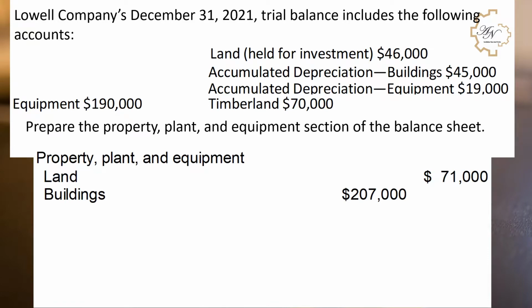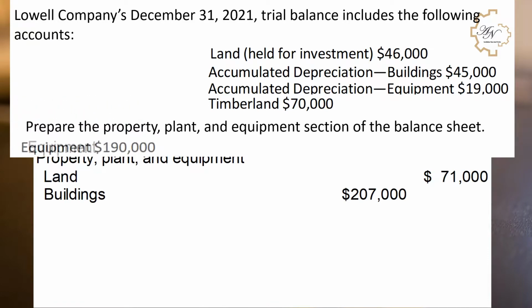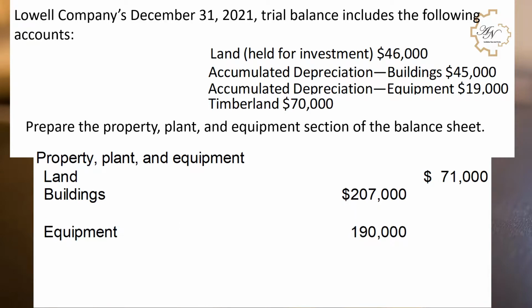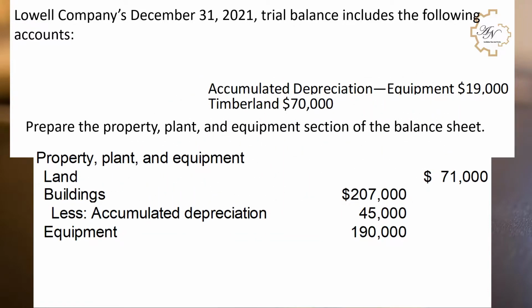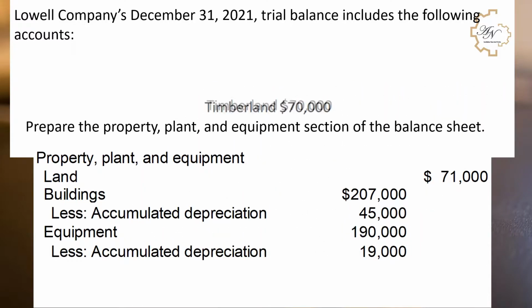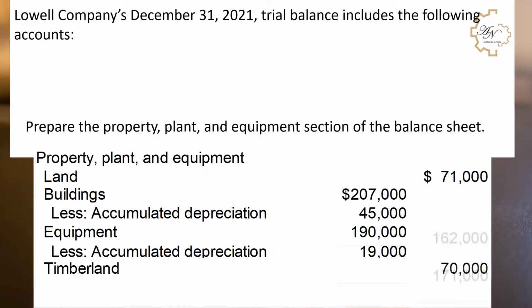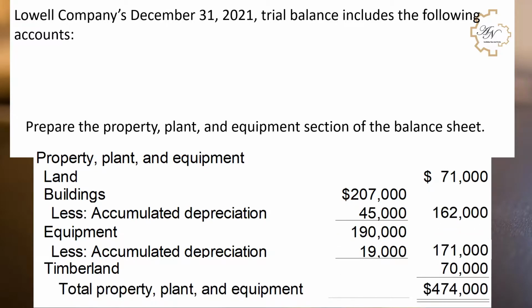Equipment, we have to put it in the property, plant, and equipment. Land held for investment. It's a long-term investment. Accumulated depreciation buildings. It's a contra account. It will be deducted from the buildings. Accumulated depreciation equipment also. Timberland in the property, plant, and equipment. And the total is $474,000.